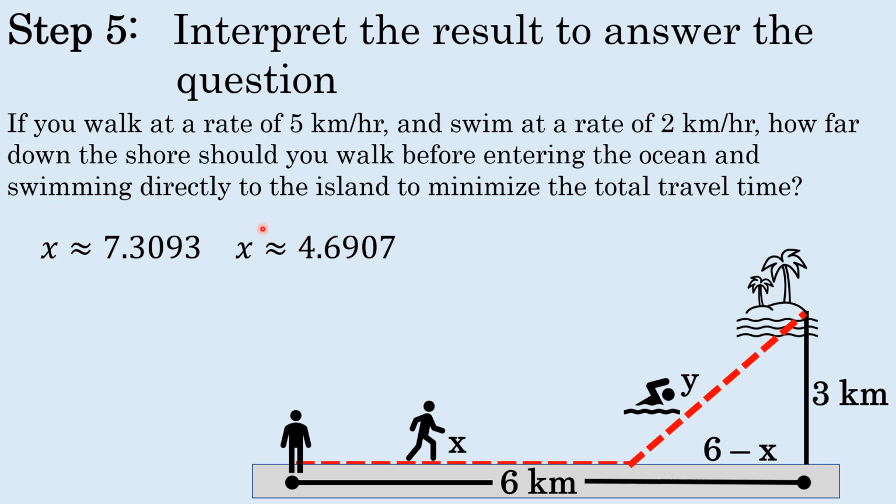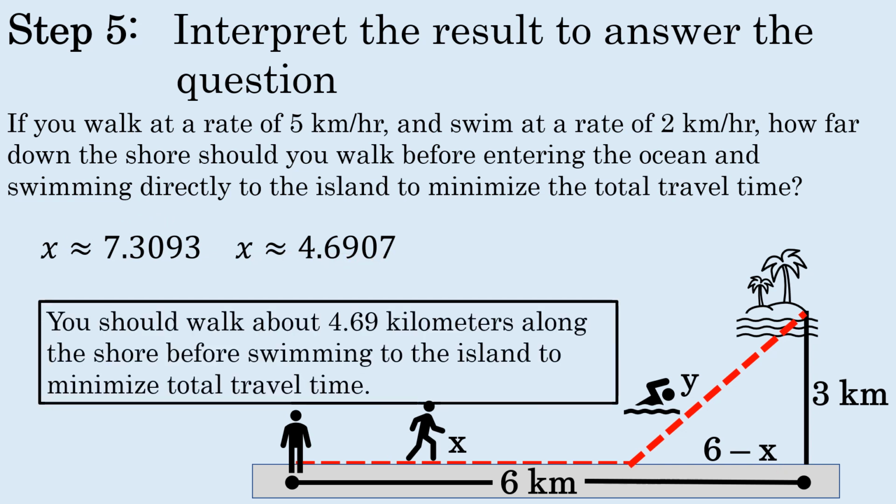On the other hand, the value, which is approximately 4.6907, this is the optimal value. In this problem, the domain, the possible values for x, are between 0 and 6. The optimal values are between 0 and 6. 7.3 is not in the domain. 4.6907 is, and it is the optimal value in this situation.